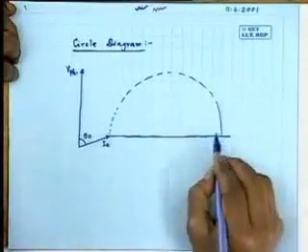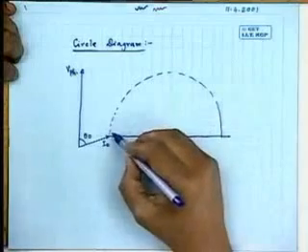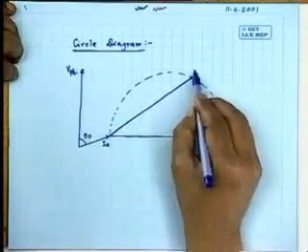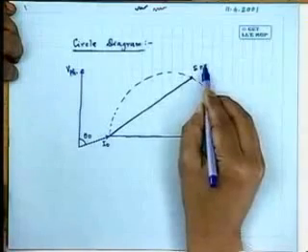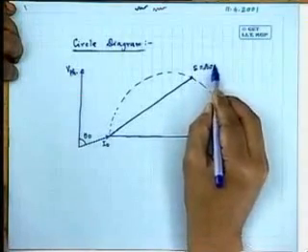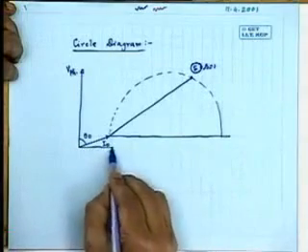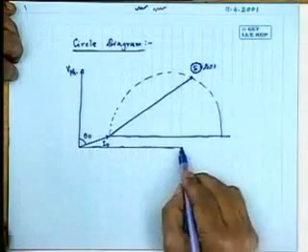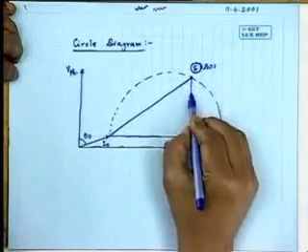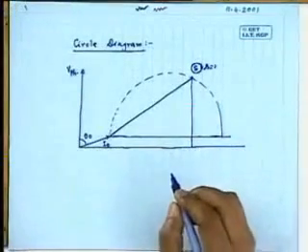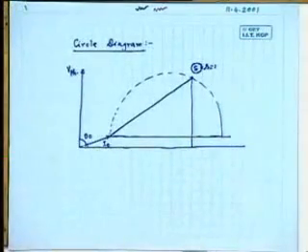And the standstill condition, suppose this point is S equal to 1, that is slip equal to 1, and this point we are calling S. Now, this is the input power if you drop a perpendicular.